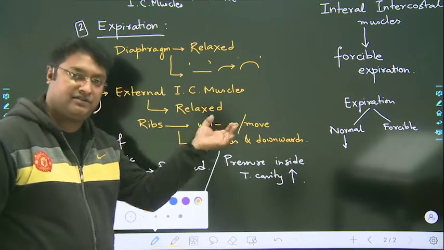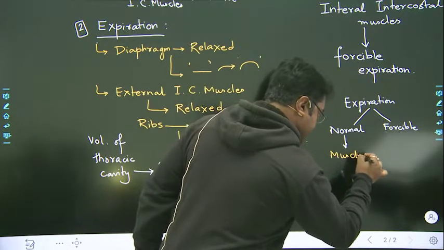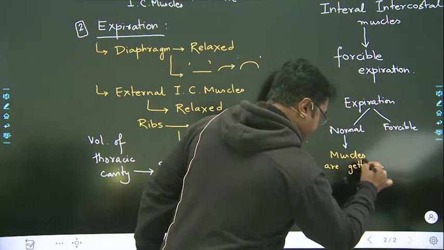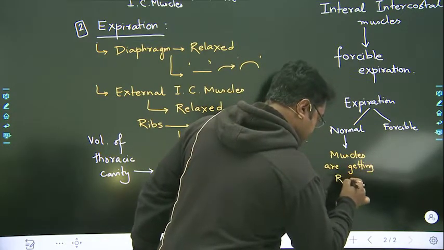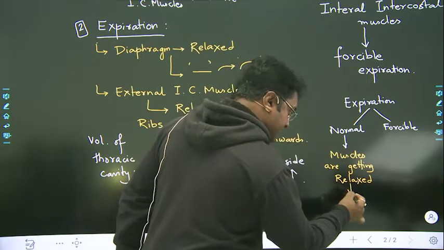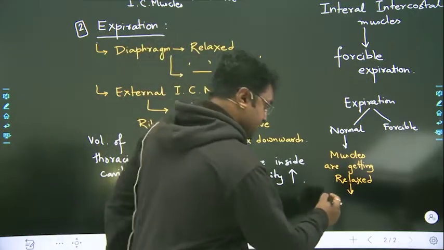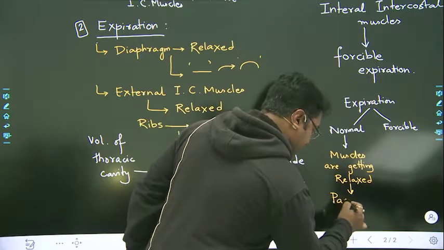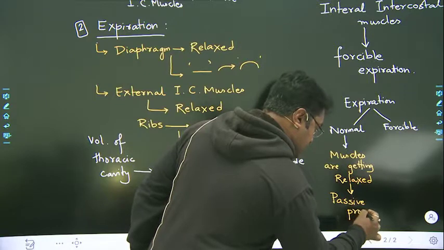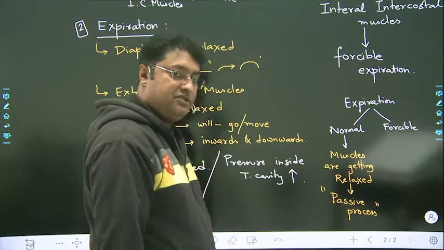So in normal, the muscles are getting relaxed, and hence during relaxation no energy is used. So this kind of process will be your passive process. So we can say that normal expiration will be a passive process.